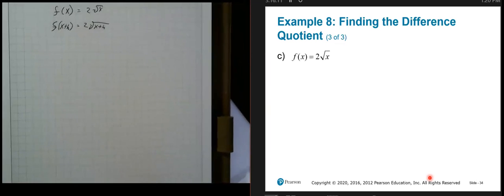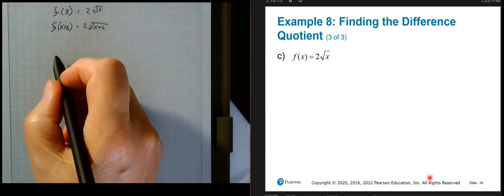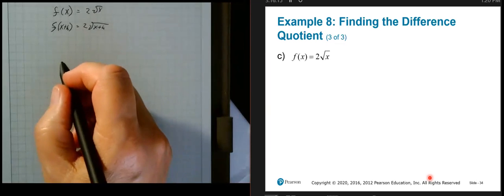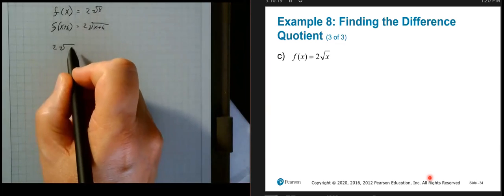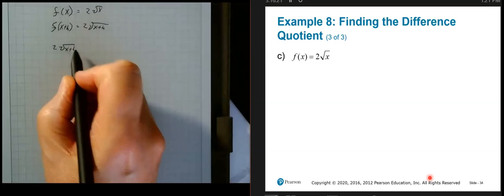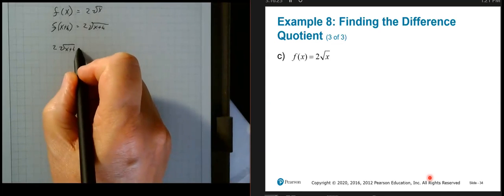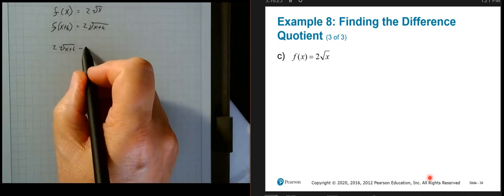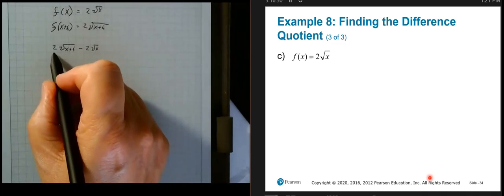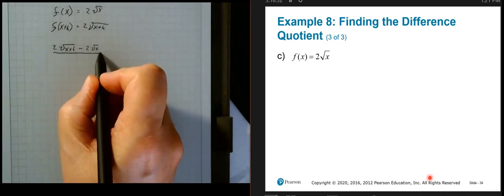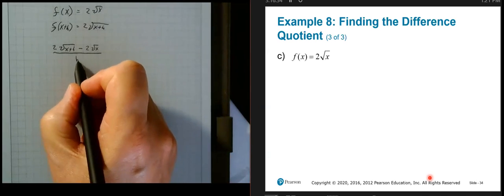Here we go. And so that means my difference quotient becomes 2 times the square root of x plus h minus 2 times the square root of x, being divided by h.